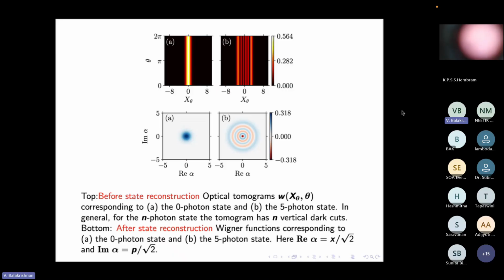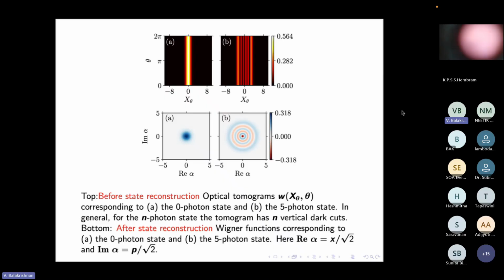So the top is the tomogram. Top left is the tomogram corresponding to the zero photon state. The analogous statement in the case of the simple harmonic oscillator would be the ground state of the oscillator. But as I said, A and A dagger are now photon operators, and A dagger A is the photon number operator.